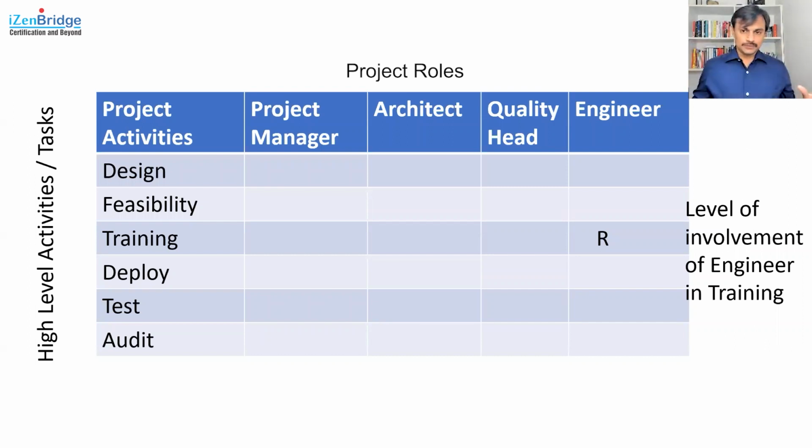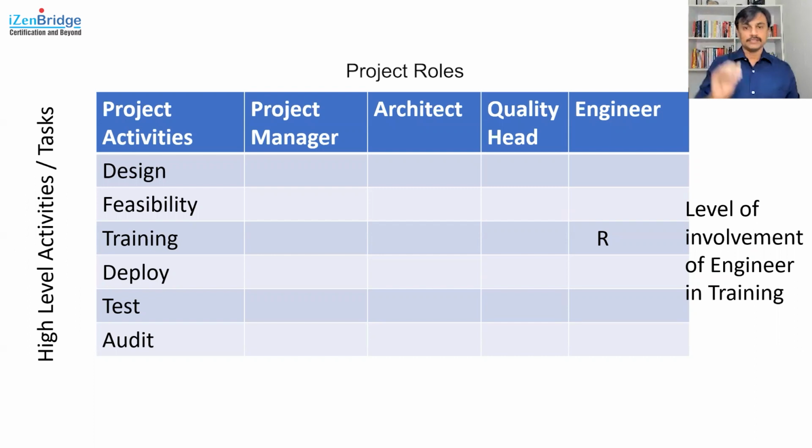A matrix is a two-way, two-dimension tool. So you have rows and you have columns. The columns in this particular case, RACI Matrix, represent project roles or project individuals. Sometimes when you have a small team, you may put names in the columns. Sometimes when you have a big team, rather than putting the name of each and every engineer, you will say engineers.